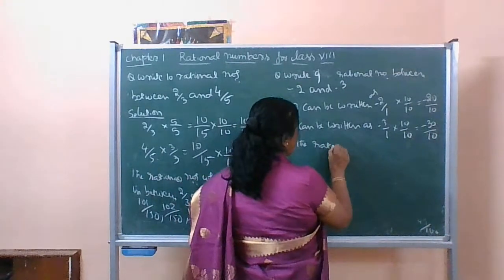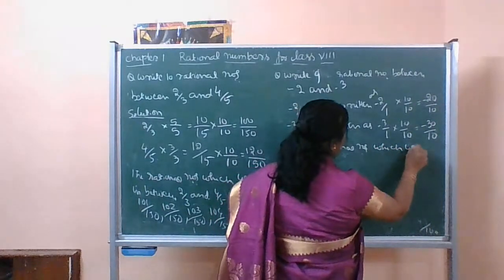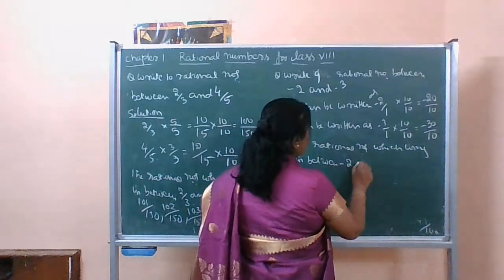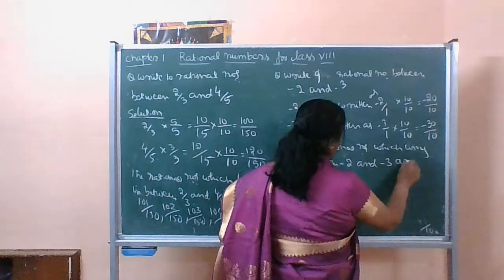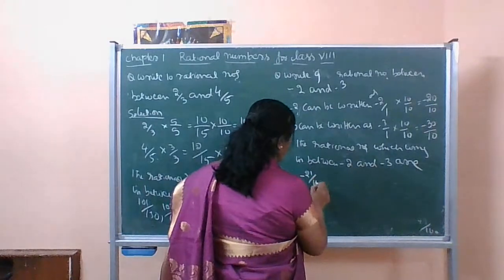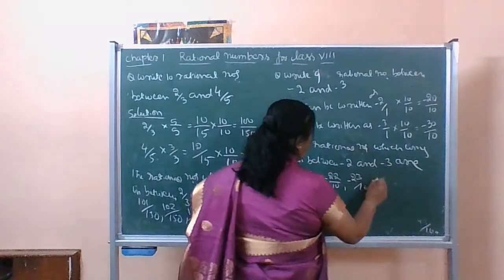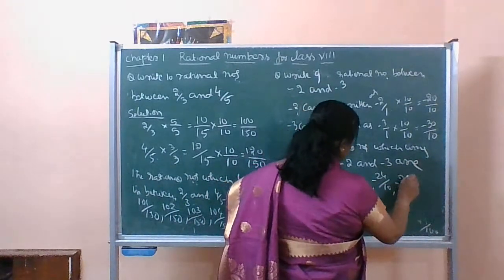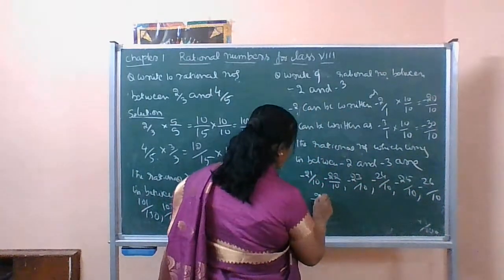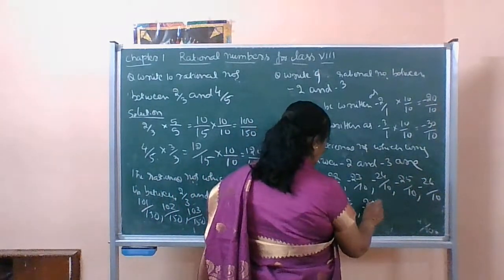The rational numbers which come in between -2 and -3 are -21 by 10, -22 by 10, -23 by 10, -24 by 10, -25 by 10, -26 by 10, -27 by 10, -28 by 10, and -29 by 10.